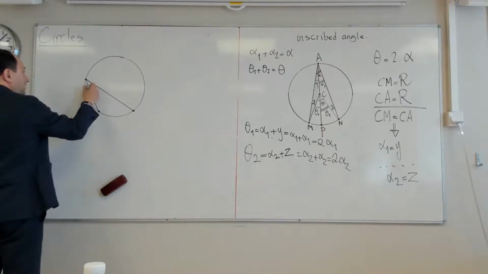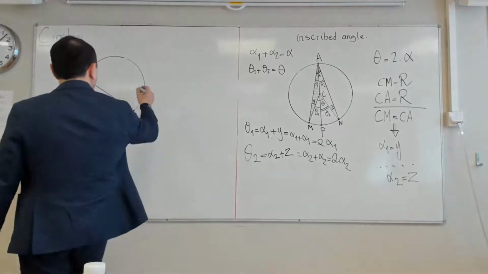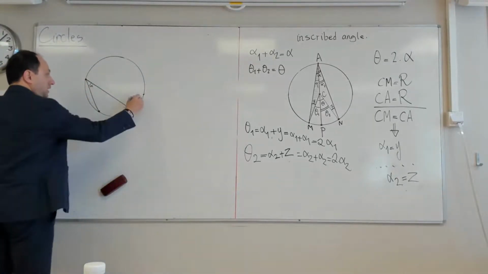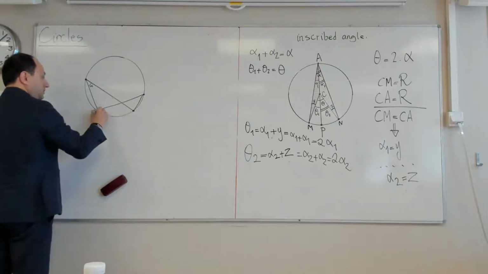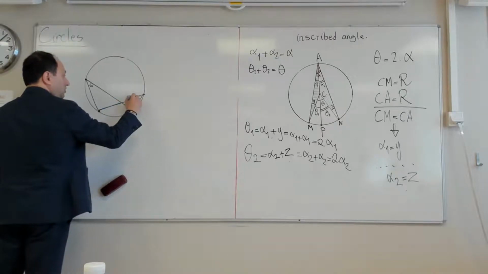Give it a name alpha. Okay? And I draw another inscribed angle here, for example. I connect it to this point. I connect it to this point. And I call this beta.